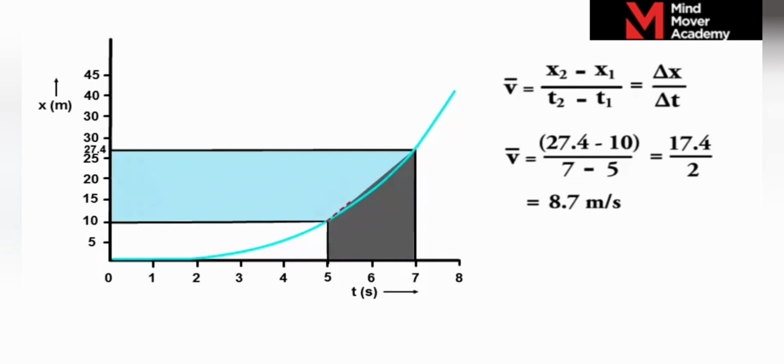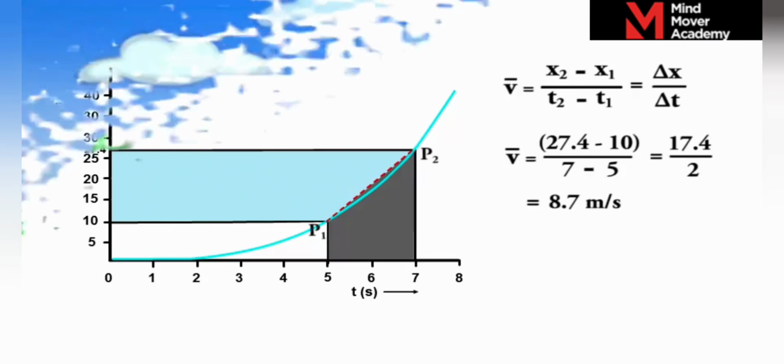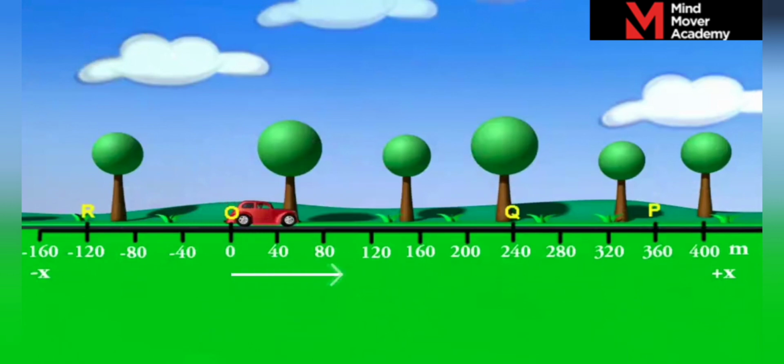Geometrically, this is the slope of the straight line P1 P2, connecting the initial position P1 to the final position P2. The average velocity can be positive or negative depending upon the sign of the displacement.